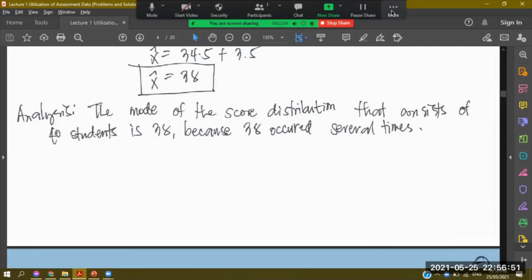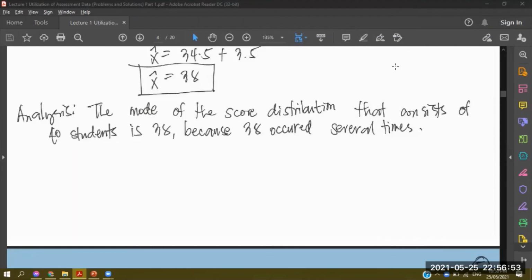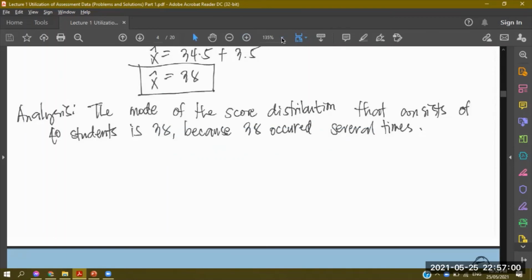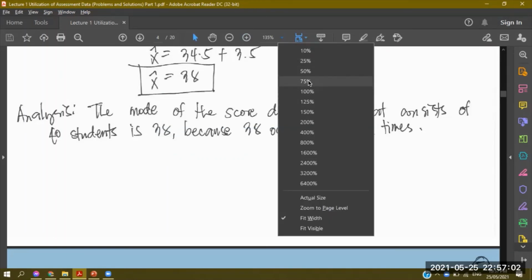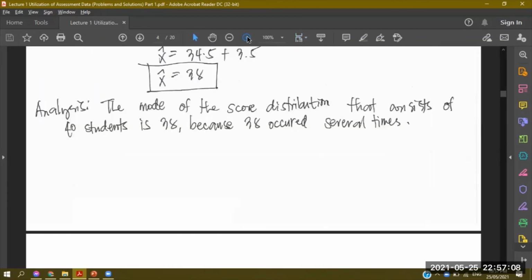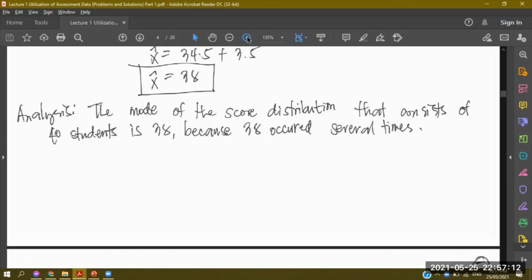Sir, sandali lang, no? Bakit pa natin nalaman na nag-occur yung 38 ng several times, hindi naman natin nakita yung data. Yes, although hindi natin nakikita yung data, but then again, according to our mode, 38 daw occurred several times.